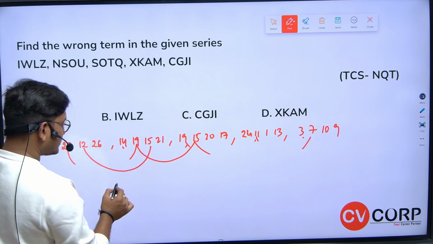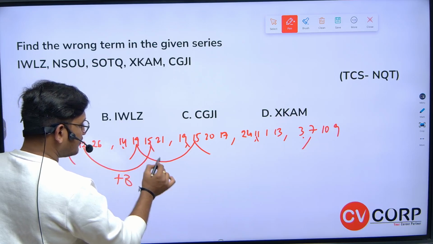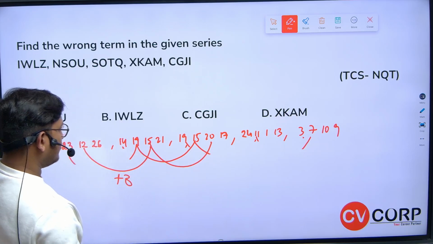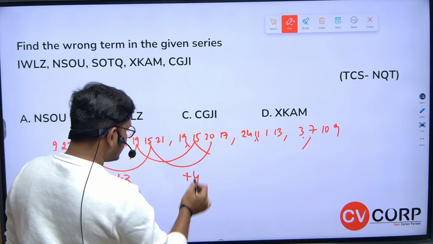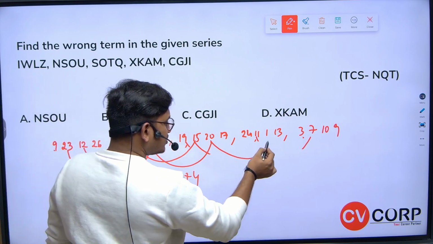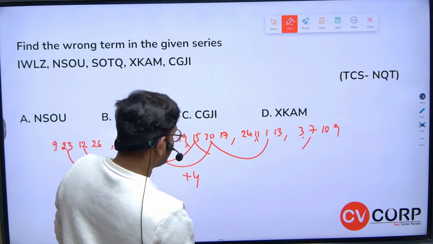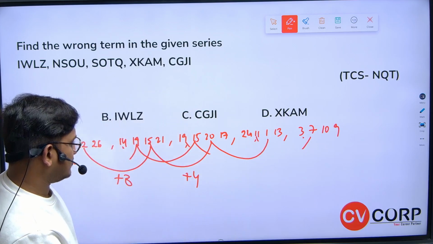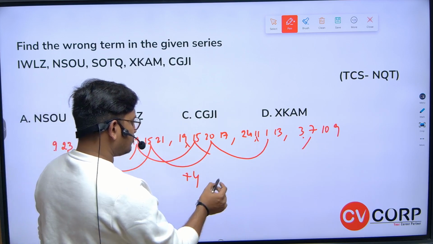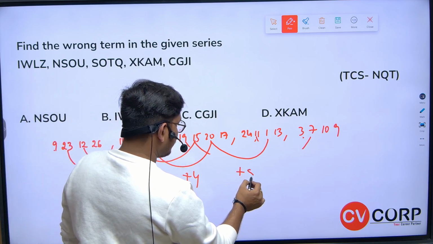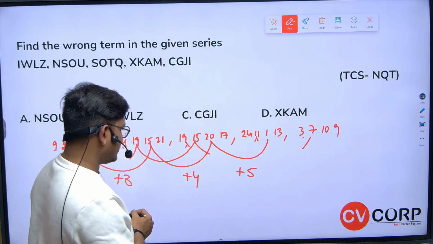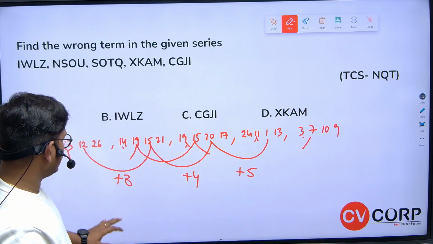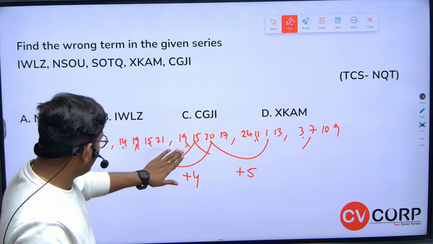12 plus 3, 15. 15 plus 4 is 20. 20 plus 5. Is that correct? Is that following the pattern? Let me make it clear.